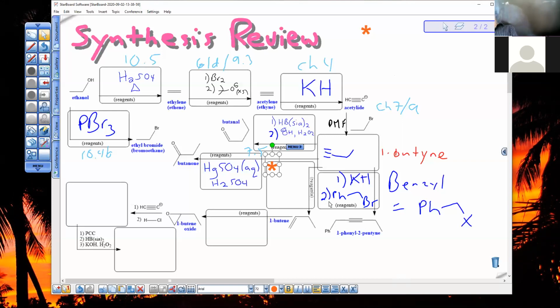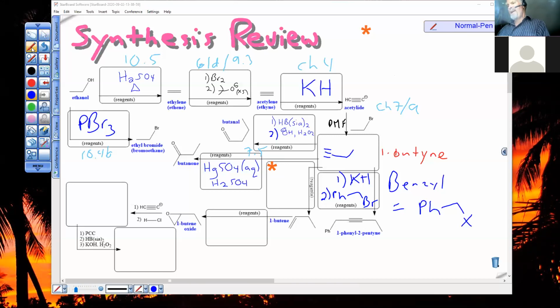You can use one that goes with syn addition or one that goes with trans addition of H. For a terminal alkyne, it doesn't matter. You will never see the difference. So, reacting an alkyne with sodium metal and NH3, as found in section 7.6, sodium and ammonia reduction of alkynes.